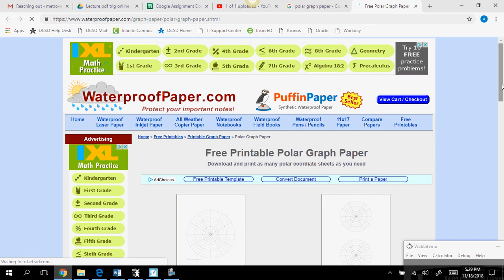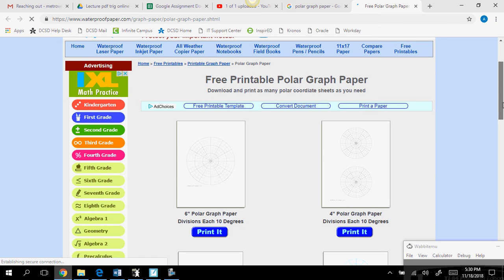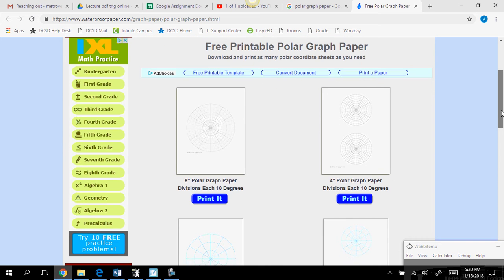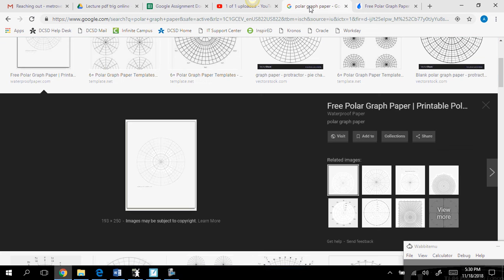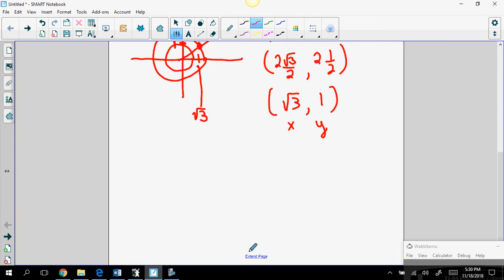Isn't that cool? So the 30s and sometimes multiples of 10 are marked, and it's just a regular XY grid. You've got to remember, you're still in the XY plane, so you can always just go get this paper anytime you want. I like just drawing my own circles and my own fake angles. It's a little easier.